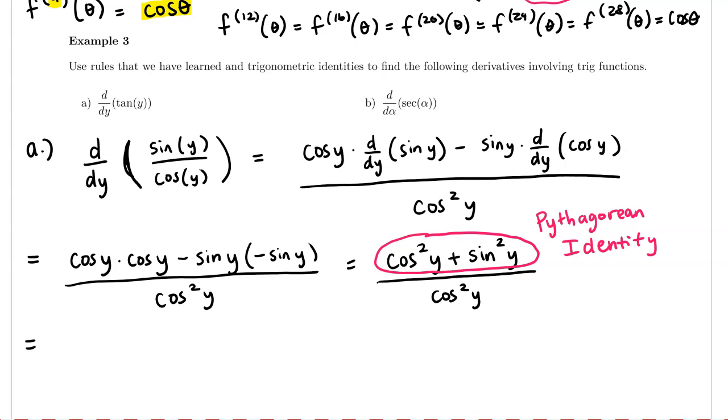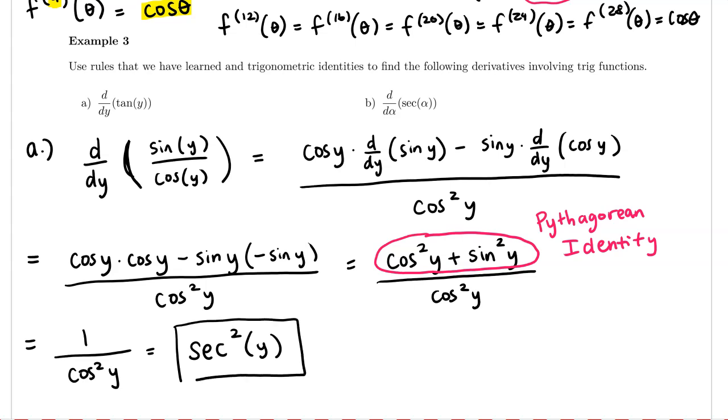So from here, our numerator is equal to 1, and then we have cosine squared y in the denominator, and I'd like my answer here to not be a fraction, and so we can use one of the reciprocal identities that we learn in trigonometry, and we could rewrite this as secant squared y. So it turns out that the derivative of the tangent function is secant squared y.